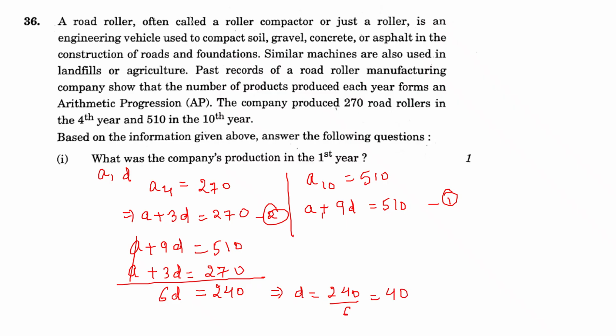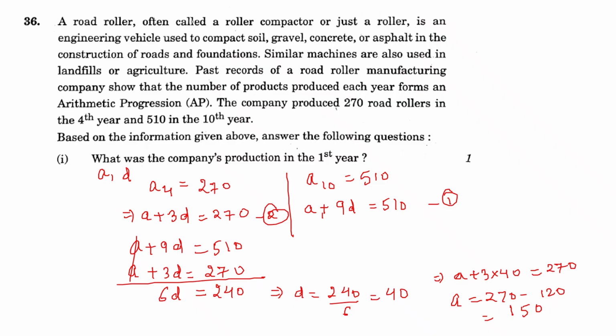But what you have to find is the company's production in the first year, which means you have to find the value of A. So let's substitute this D value in equation 2. It will be A plus 3 into 40 is equal to 270. So A will be 270 minus 120. If you subtract, you will get the value of A as 150. So the first answer is 150.